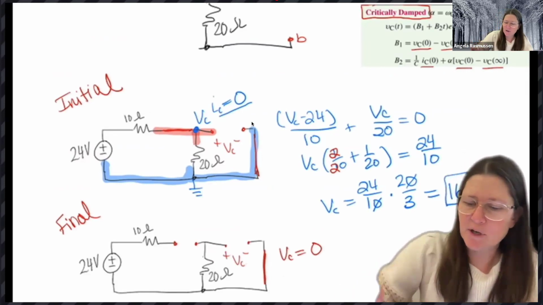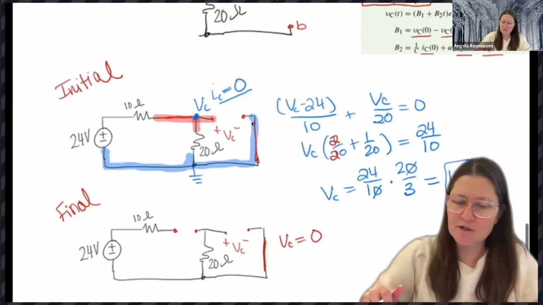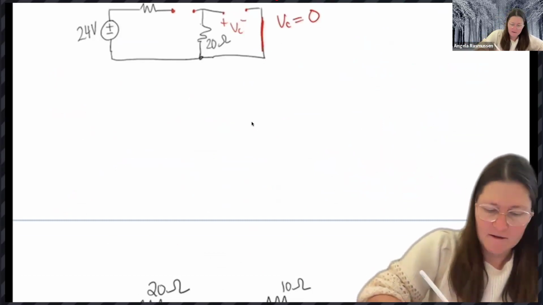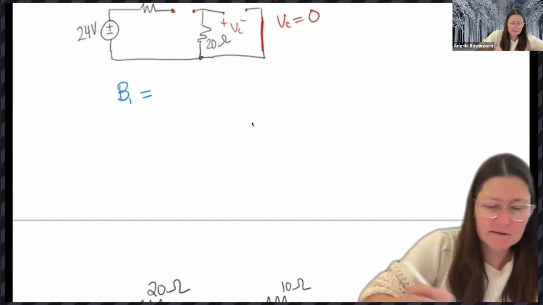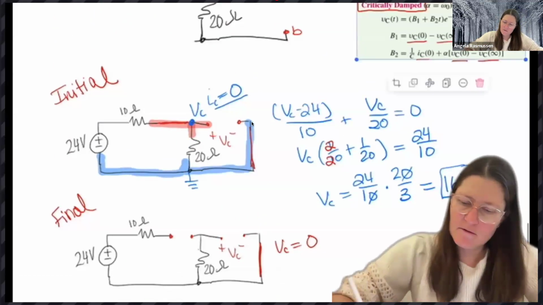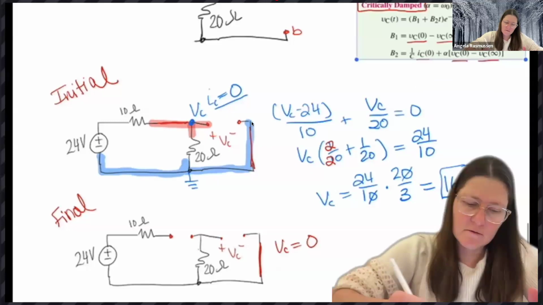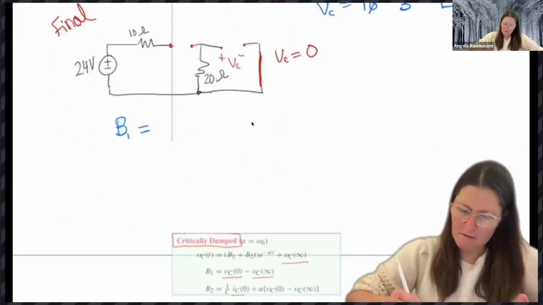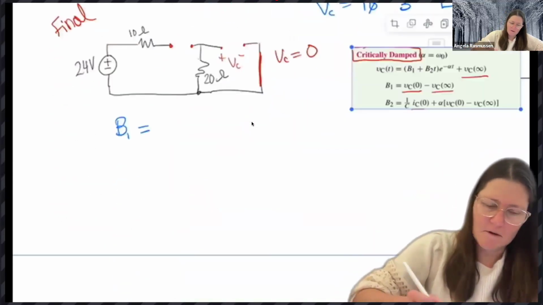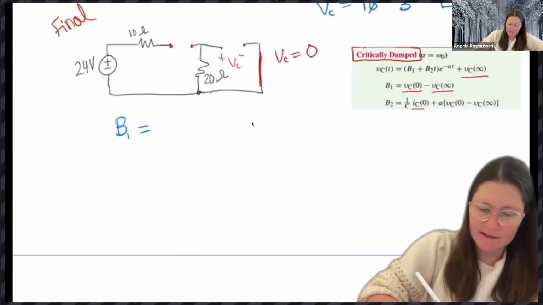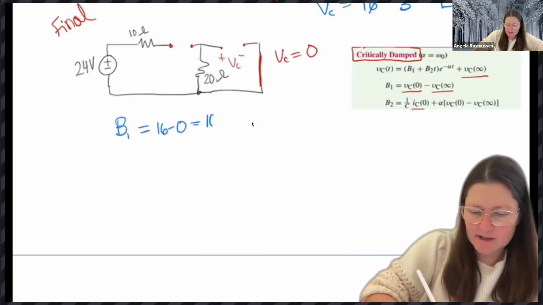We have this equation up here, get values for B1 and B2, and then plug it in. So B1 is 16 minus 0, so 16.